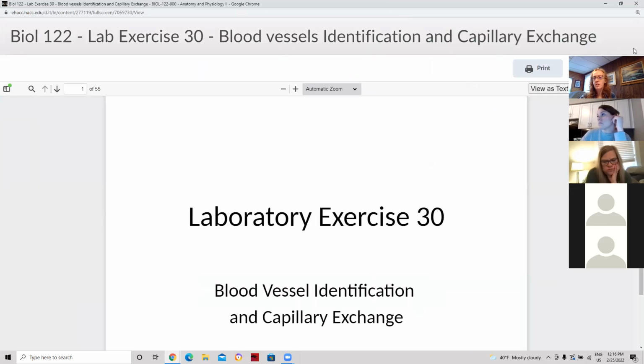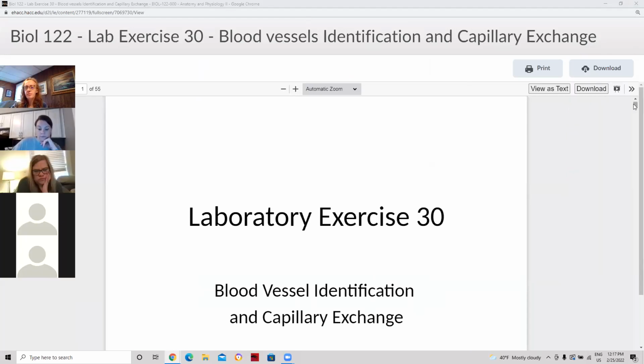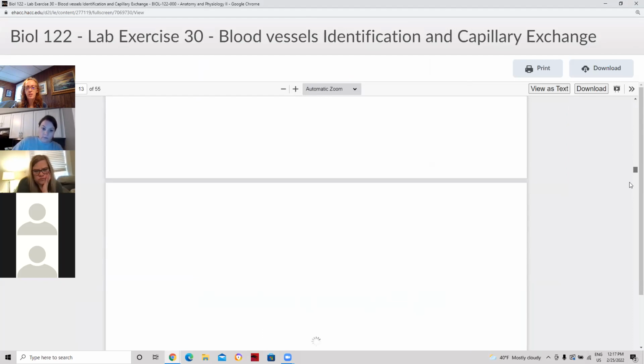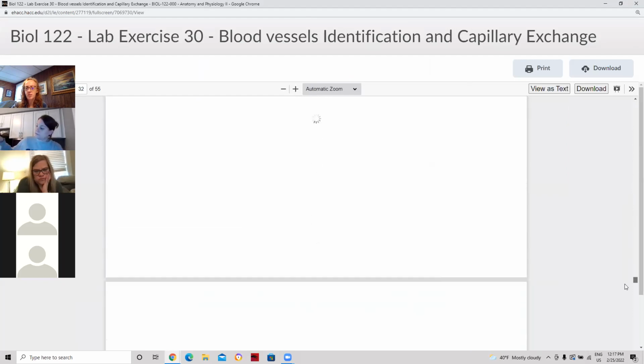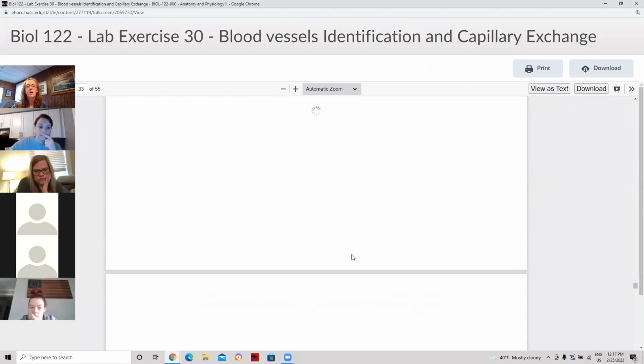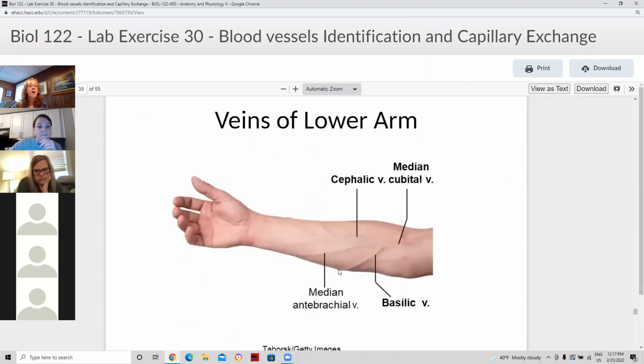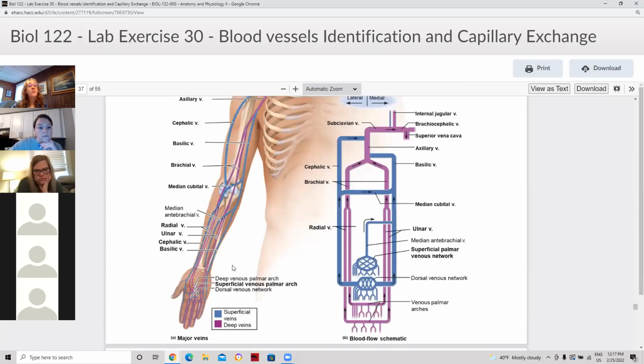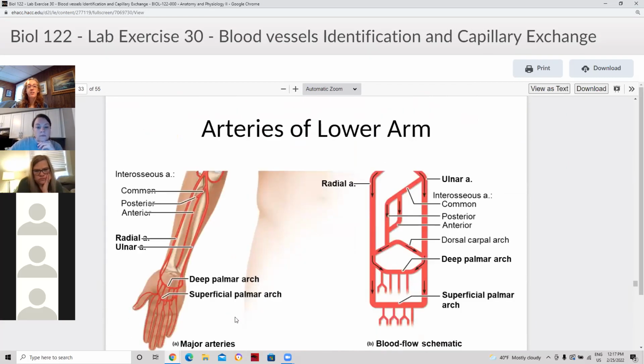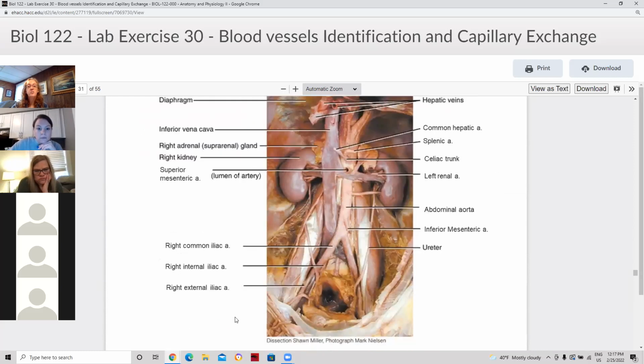So here's the PowerPoint. Can't remember exactly where it is, so I'm going to scroll down a little bit because I think it's towards the end. It's slide 31. Is it? Okay, it's slide 31, so I went too far. All right. So it's right there and it's all labeled with the answers.